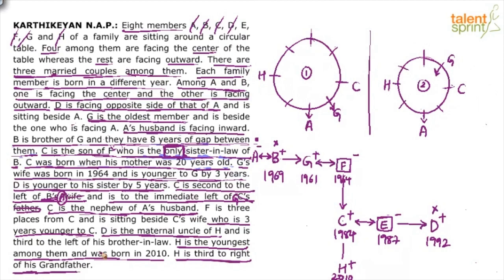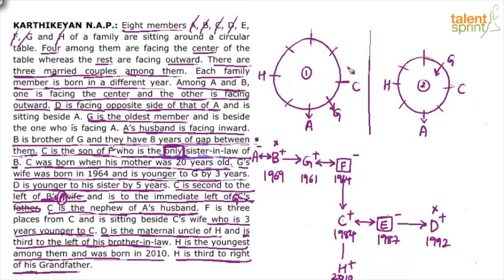Anything else? D is third to the left of his brother-in-law. Who is D's brother-in-law? C. So basically D is third to the left of C. According to case 1, third to the left of C. Now left of C can be clockwise or anti-clockwise because C's direction is not known to us.